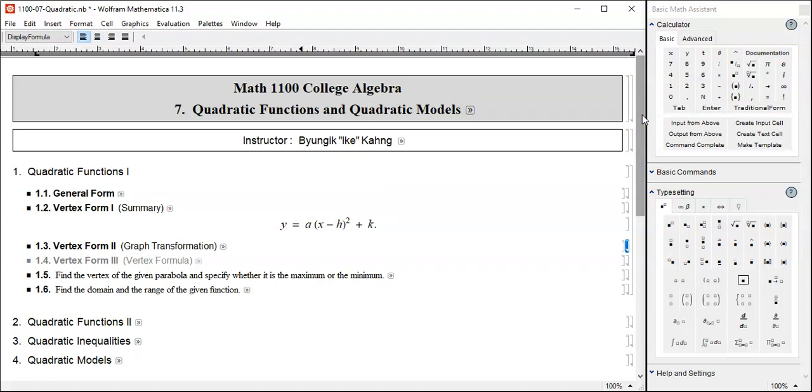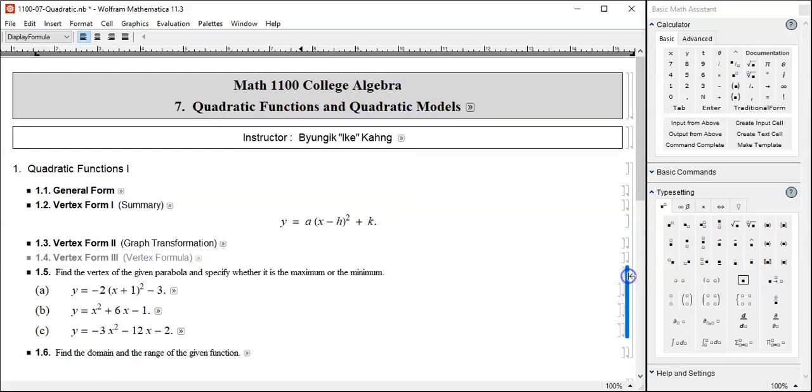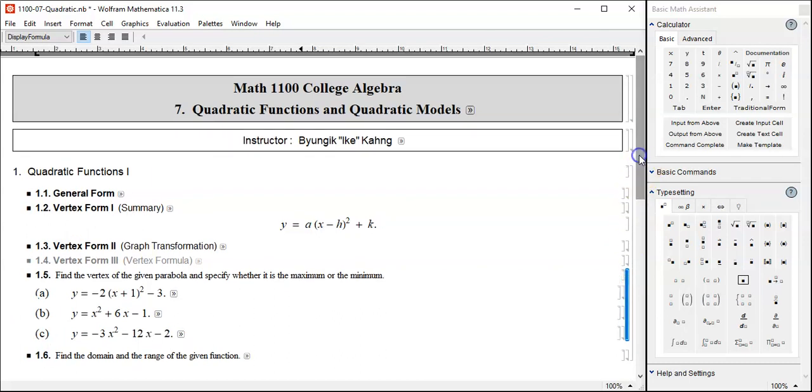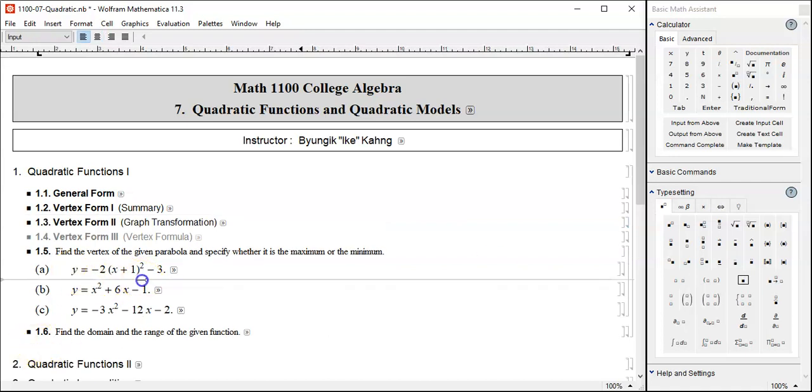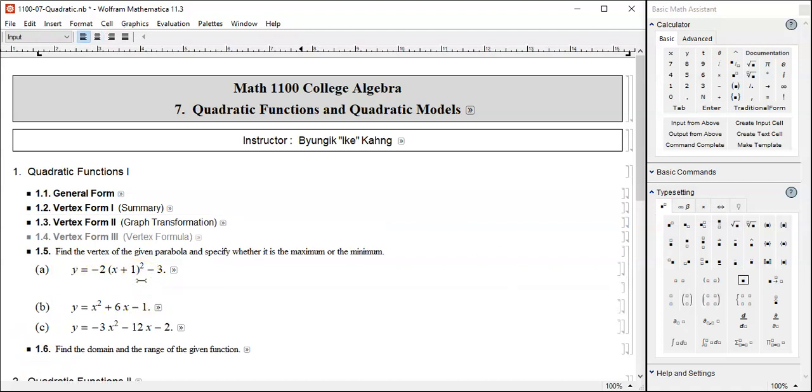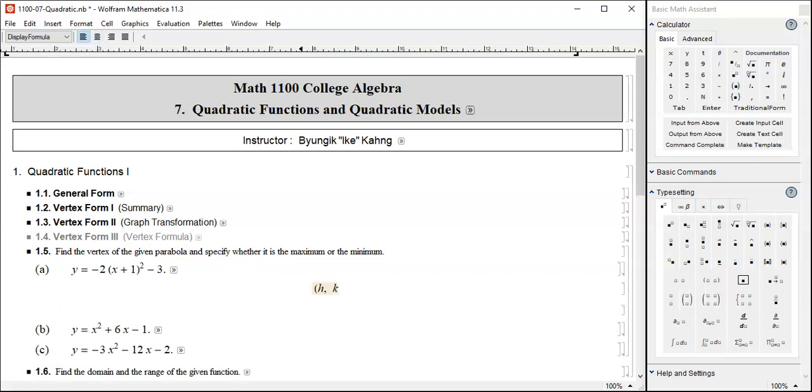And it looks like we can go over to a problem. We don't have enough time for any more than one problem, so let's do this one. And this is really easy because this is already given in terms of the vertex form. So here we go. (h, k) is (-1, -3).